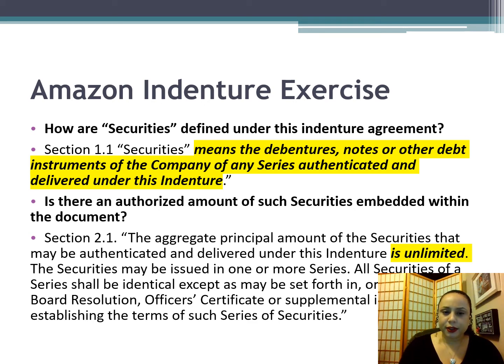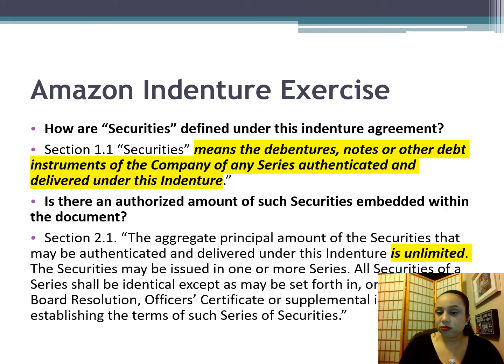Is there an authorized amount of such securities embedded within the document? I asked this question to get students to think about how this would relate to a corporate charter, where we would see a provision that authorizes a certain number of shares, and usually that amount is really, really high, so that the company is not forced to amend and restate its corporate charter in the event that they want to offer more securities.